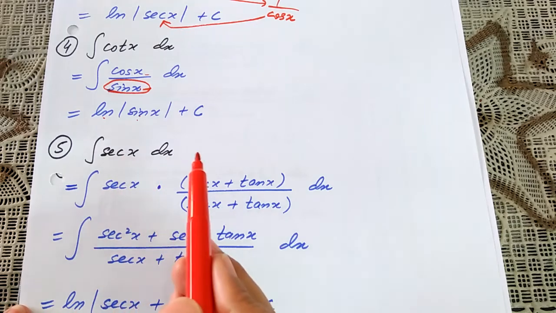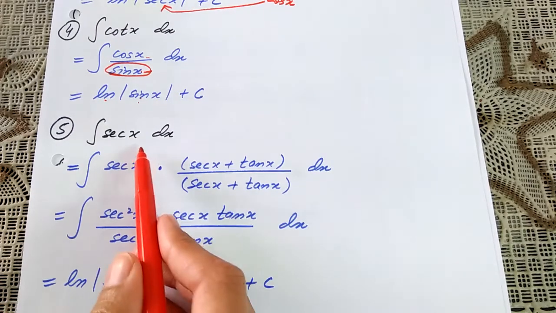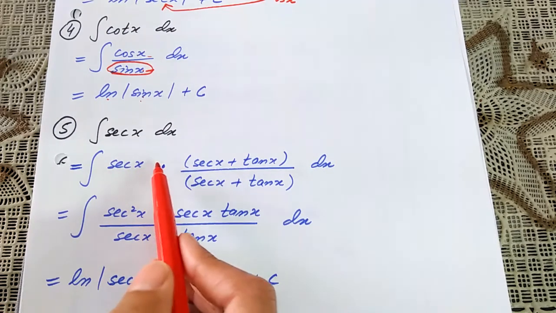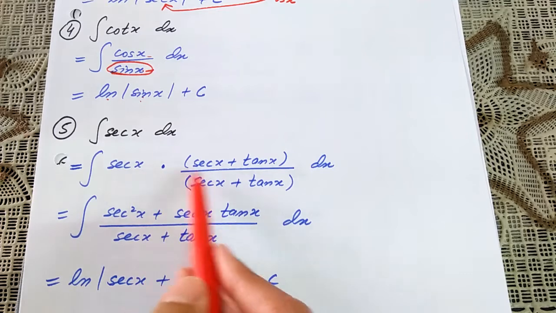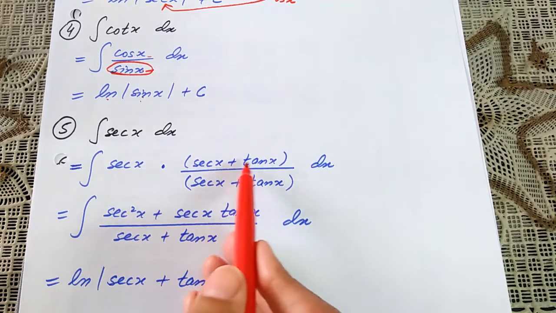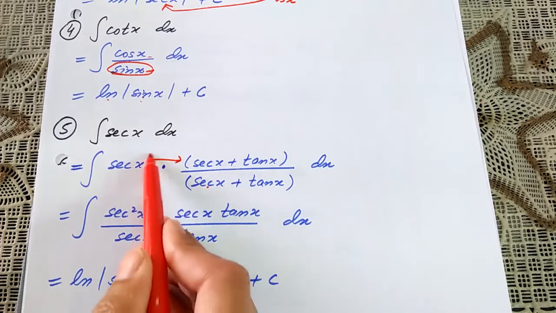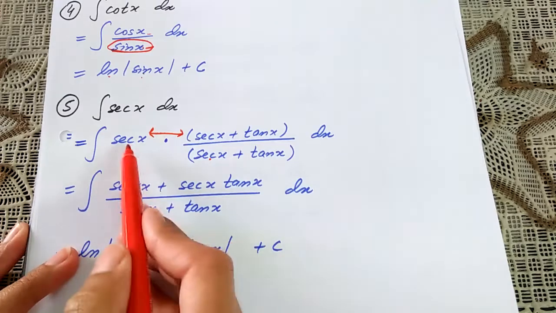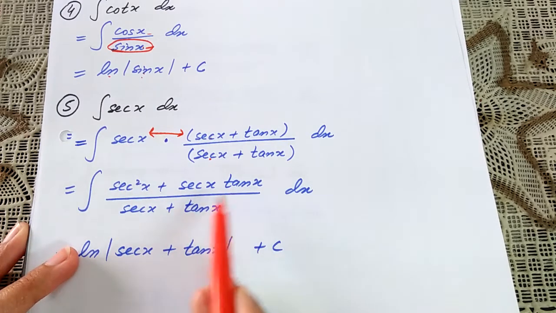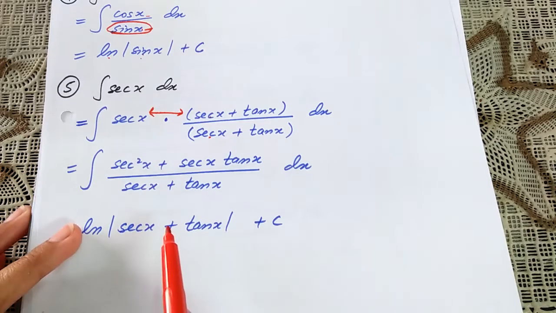Integration of secant x dx. For integrating secant x, we need some more functions. We multiply and divide with secant x plus tangent x. The numerator will be multiplied with the numerator: secant square x plus secant x tangent x, divided by this denominator.